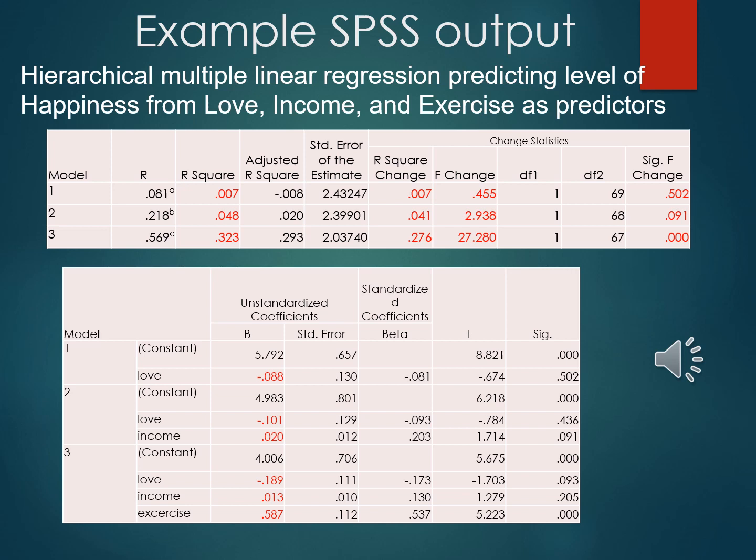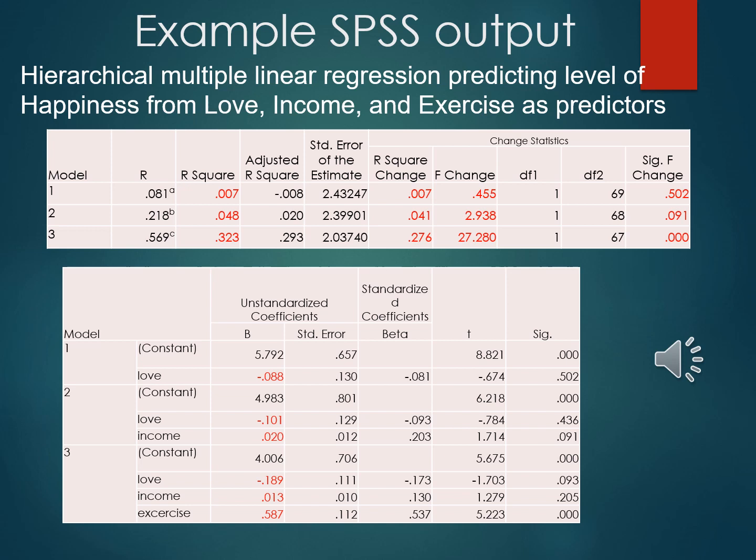That's the significance level. Finally, if you enter everything, with exercise together in this model, now the R square goes up to 32%. So this means the R square change is 27% beyond the second model of love and income together. This is significant because now the significance of F change is 0.000. Now you can interpret the beta, which is down here.